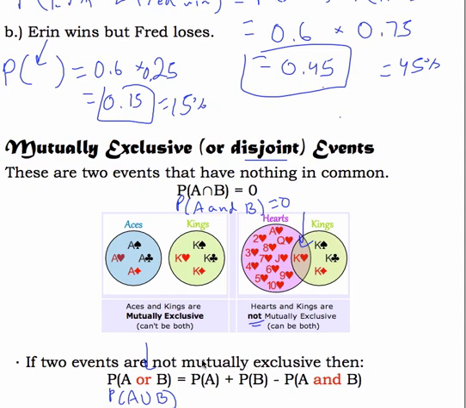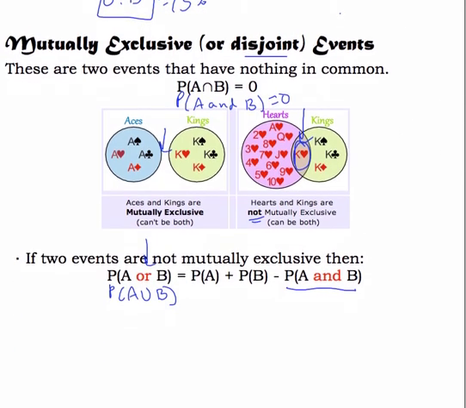Now, if they are mutually exclusive, then you can see that this thing is 0 anyway. So it's really the same formula. Basically, you have to add OR probabilities, and then you have to subtract the overlap, like you see in this Venn diagram, to subtract the probability of that one. Anyway, we're going to see some examples of that in a second.